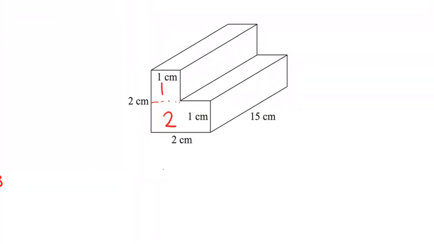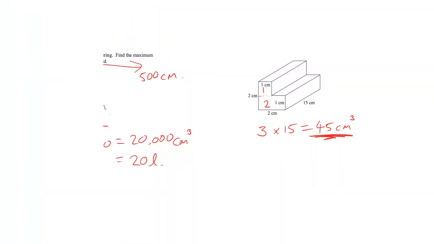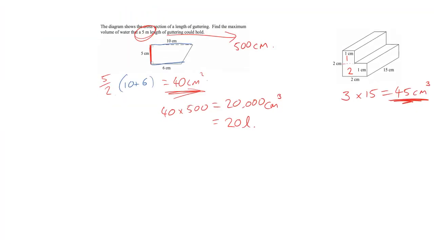So my cross-section is 3. I've then got to do 3 times 15 for the volume, so that is going to be 45, and we're in centimeters, so my volume is in centimeters cubed. So we can still do this just the same if we have a compound shape. I hope that helps you to understand how to work out the volume of any particular prism.